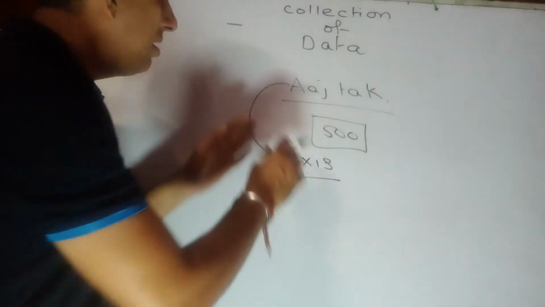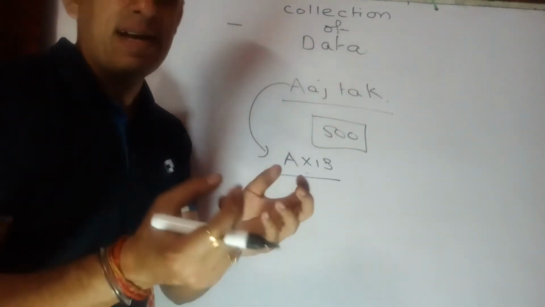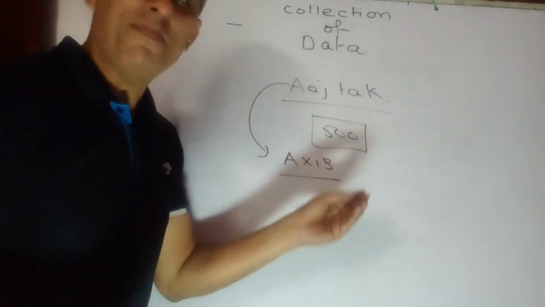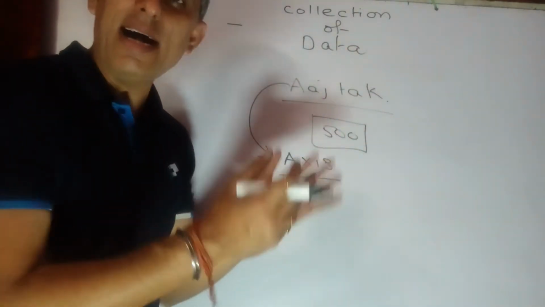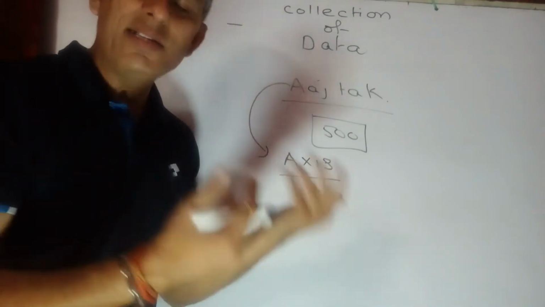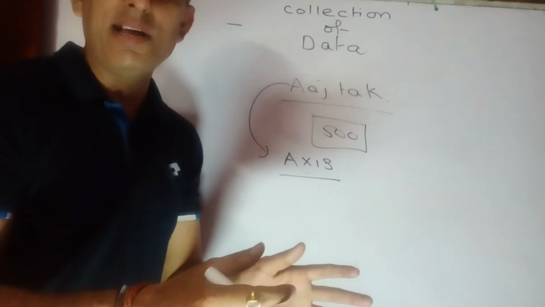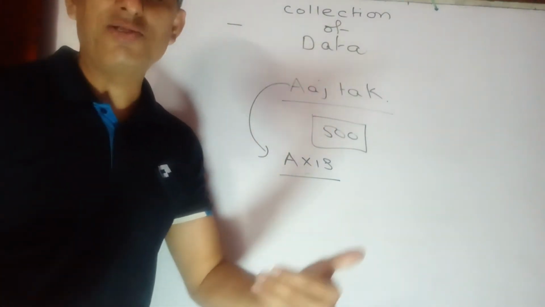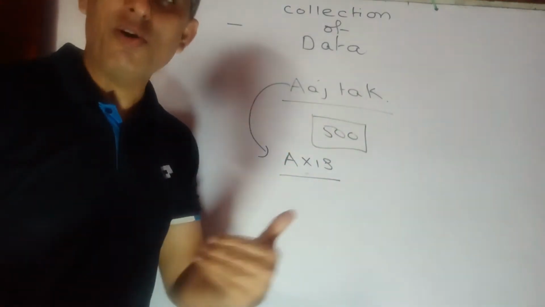Clear? Now, Access will conduct the poll, and with 500 people's responses, it will convey the information to Aaj Tak. Aaj Tak, which started this entire process and planned it, will ultimately convey the information to the public, naturally, because of the need of their viewers on a regular basis.